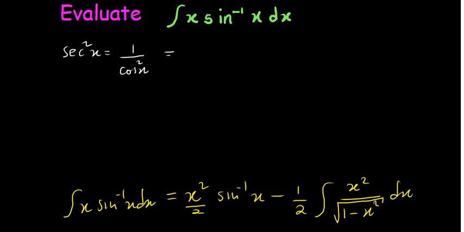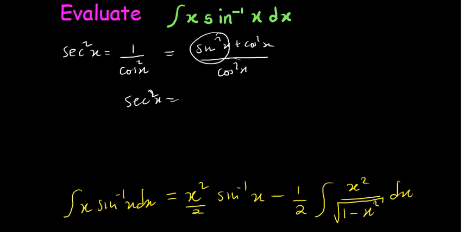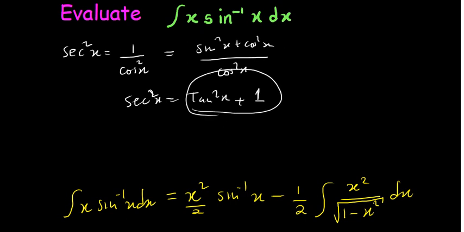And we also know that 1 is the same as sin squared x plus cos squared x, divided by cos squared x. Therefore sec squared x is equal to sin squared over cos squared, which is tan squared x, and then plus cos squared over cos squared, which is 1.